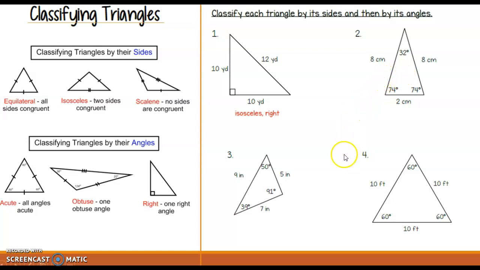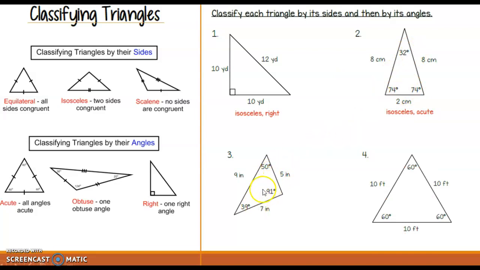The next triangle that we have is going to have two sides that are the same as well, which hopefully you remember also means that the opposite angles are congruent as well. Okay, so we're going to look through the sides. We know we're talking isosceles. Then we look at the angles. All of them are acute angles, so it's an isosceles acute.